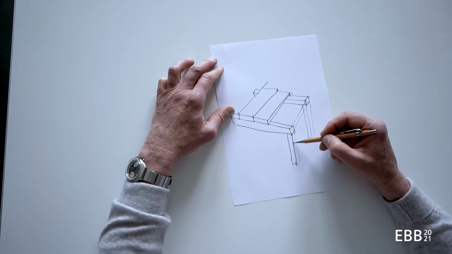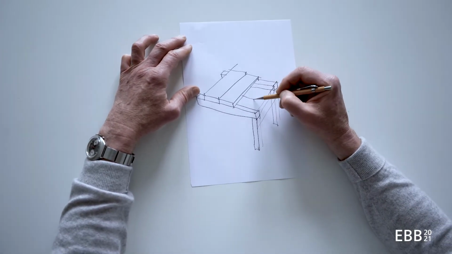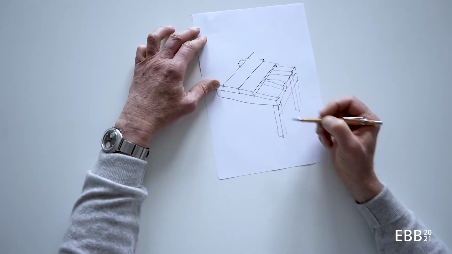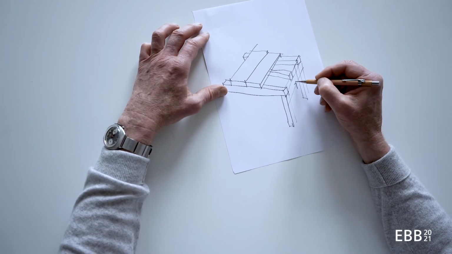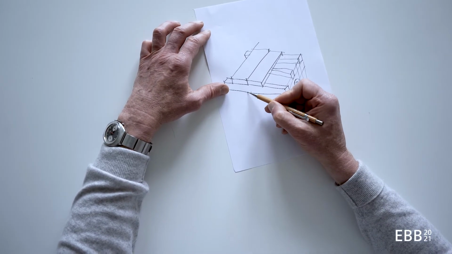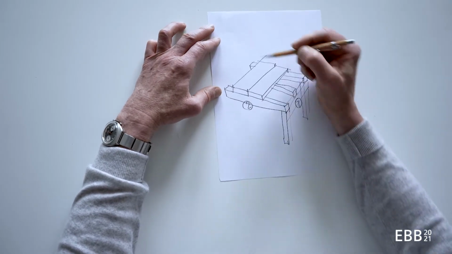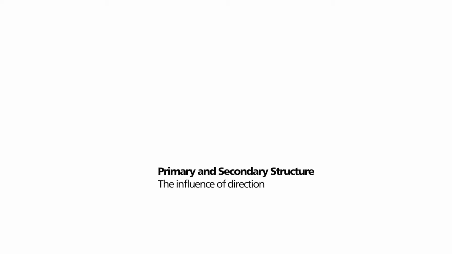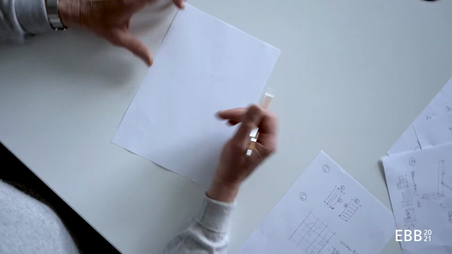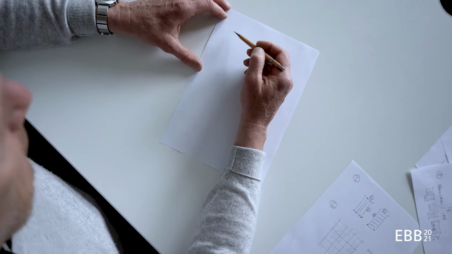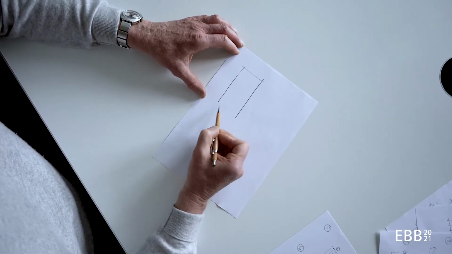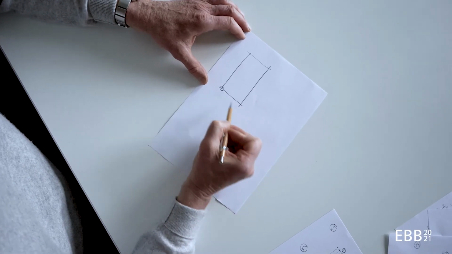And if I have several beams, I could put them on another beam. And then this would be called the primary structure, and this would be called the secondary structure. And this would be the element that creates the surface. So in which way I dispose primary and secondary structure is going to have an influence on the dimension of the load-bearing elements.